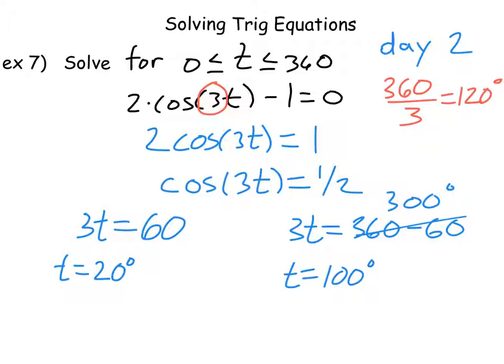Typically, from what we saw on the first day, this means go ahead and add or subtract 360, or unless it's tangent or cotangent, add 180, or subtract 180. That's not the case here. The period of this graph changed, so if you want to go look for more solutions, don't add 360. Add 120.